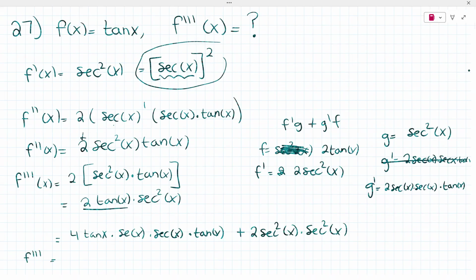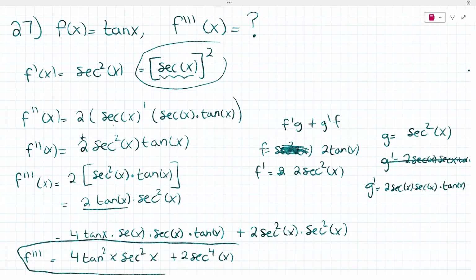And when you clean this up, you're going to get 4 tan square of x secant square of x plus 2 secant square of x. Okay, so that is 27.